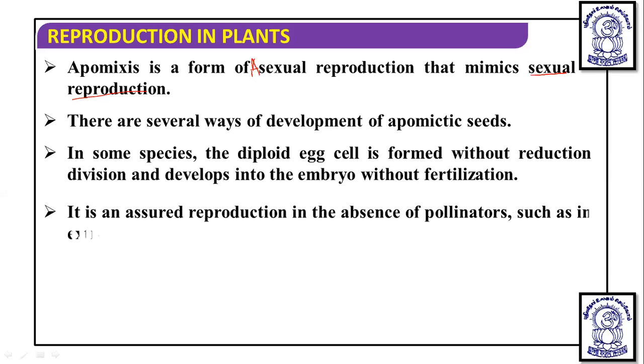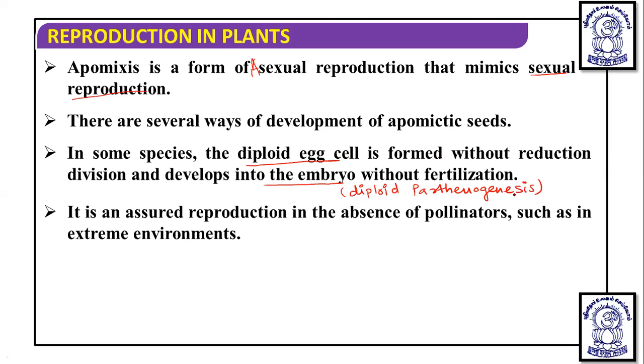This formation of a diploid egg cell which develops into a diploid embryo without fertilization, we will talk about as diploid parthenogenesis. It is an assured reproduction in the absence of pollinators, such as in extreme environments.